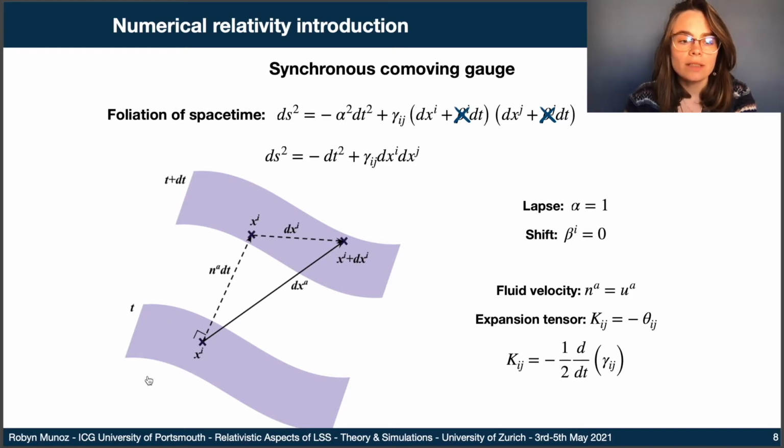And what this does is that it tilts the hypersurface in such a way that the normal to the hypersurface actually corresponds to the fluid velocity. And so the expansion, contraction of the coordinates is related to the expansion, contraction of the fluid. So the extrinsic curvature is related to the expansion tensor, and this gives a nice meaning to these coordinates.